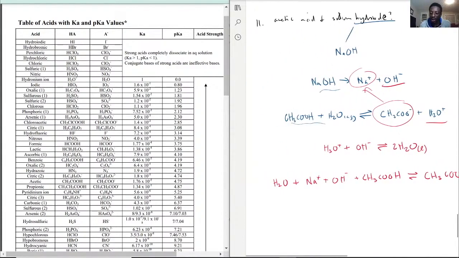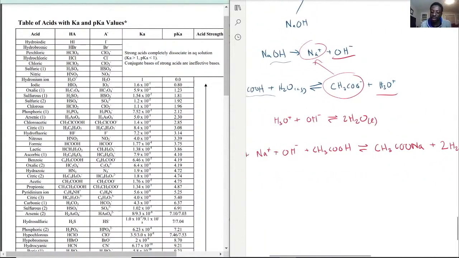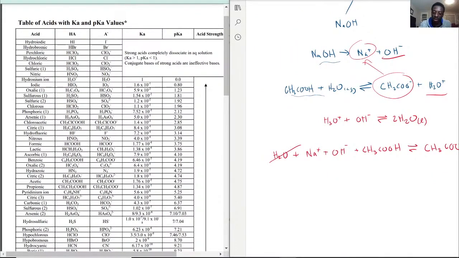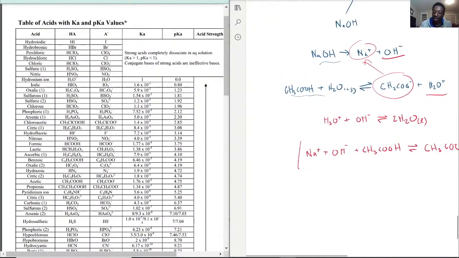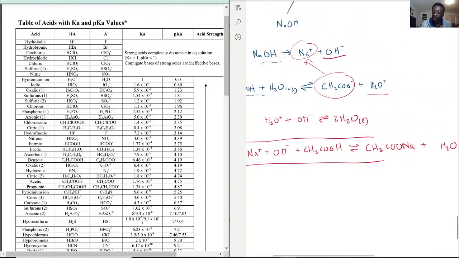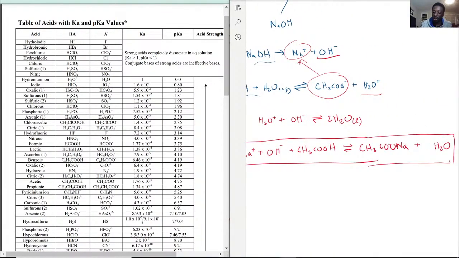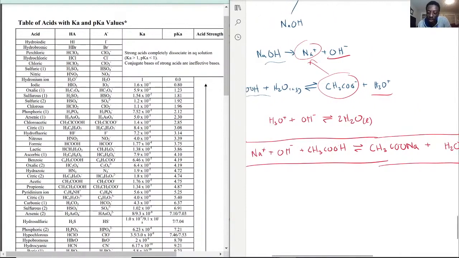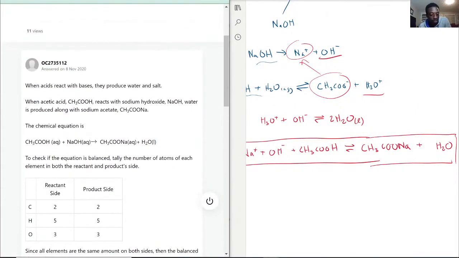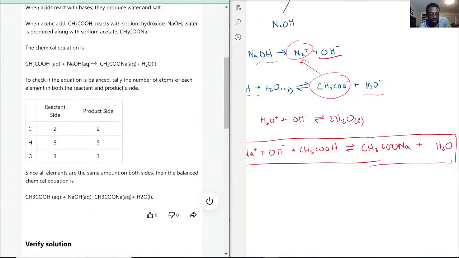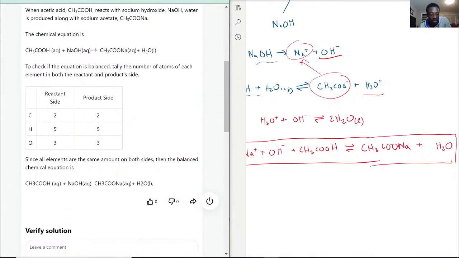2H2O. But because we have H2O and 2H2O on each side, we can actually cancel out one H2O, because that was the one from here, and this right here would be our completed formula for acetic acid reacting with sodium hydroxide: CH3COOH plus NaOH gives CH3COONa plus H2O.